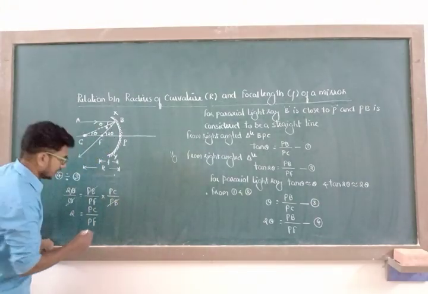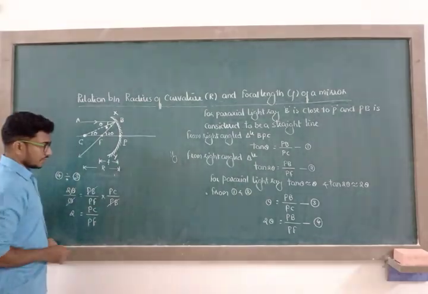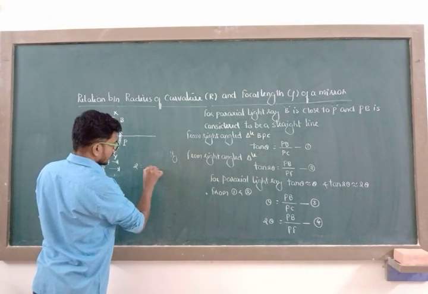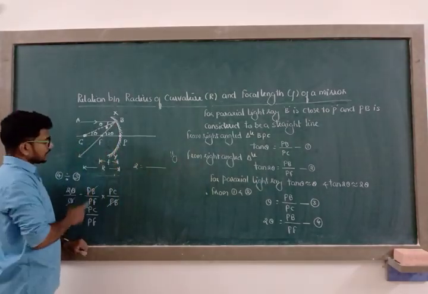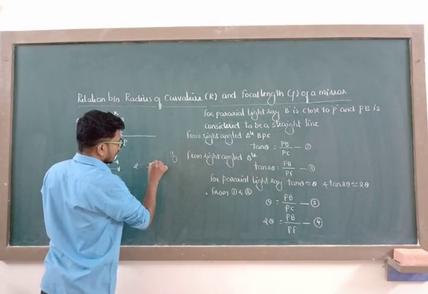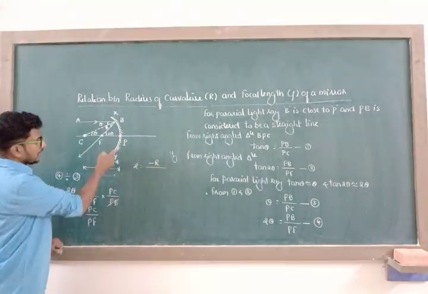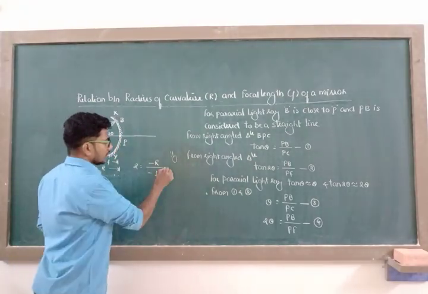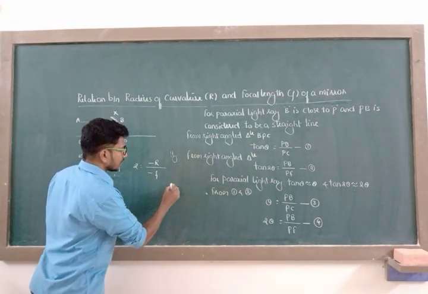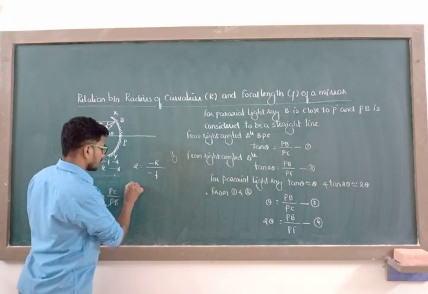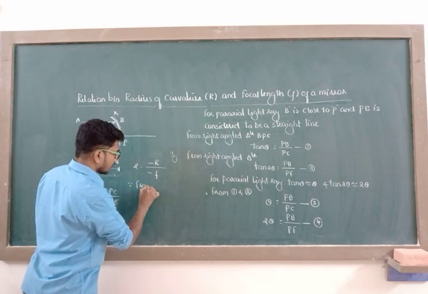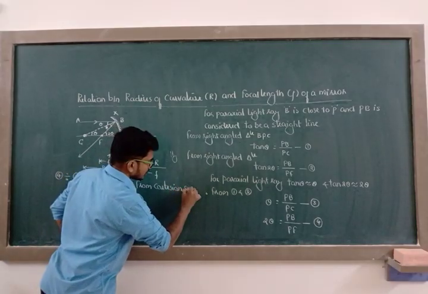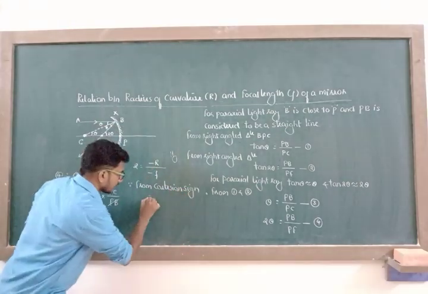Equation number 4: 2 is equal to PC by PF. PC is equal to minus R, PF is equal to minus F, because of the Cartesian sign convention.